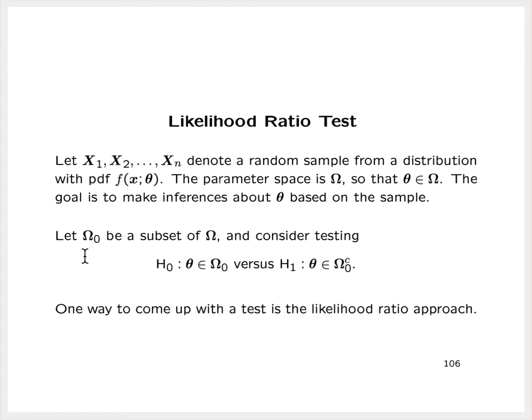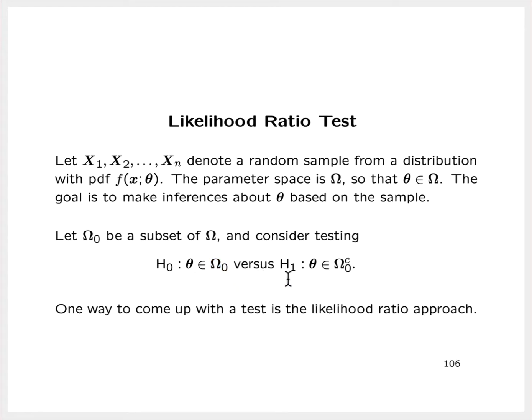We're going to denote that subset by cap omega sub 0. And then we're going to express the null hypothesis by saying that theta is an element of this particular subset of the parameter space that is of interest and relevant in a particular situation.